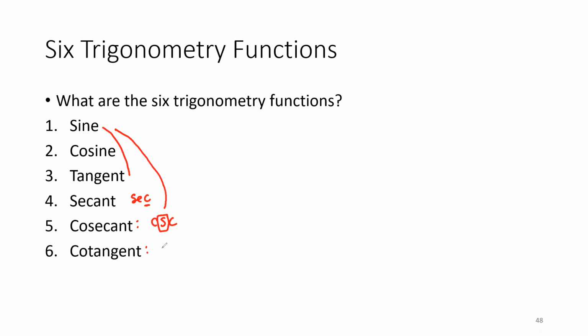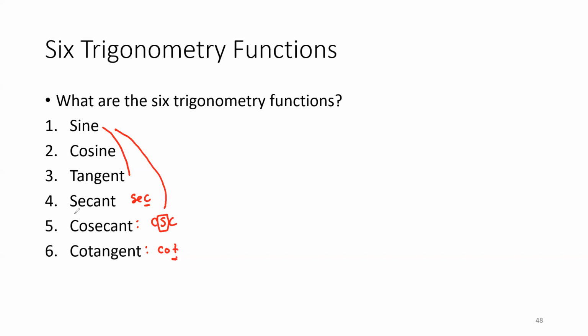And then cotan or COT is related to tangent, which literally means reciprocal of tangent because it has that little t. So that's a little trick I remember. Okay, so know 3, sine, cosine, tangent, and then the rest are just the reciprocal.